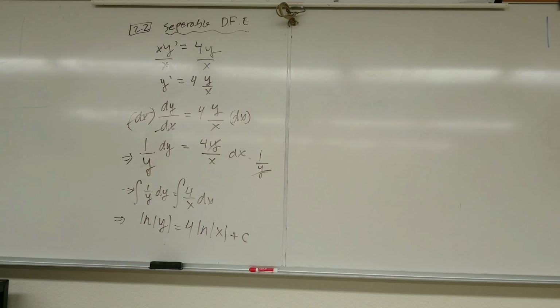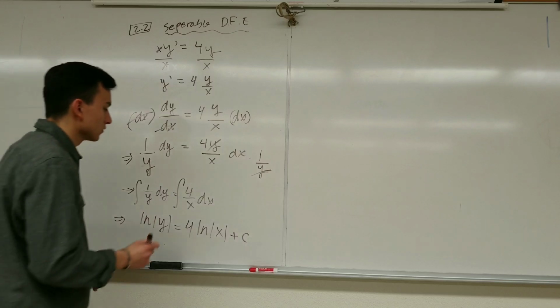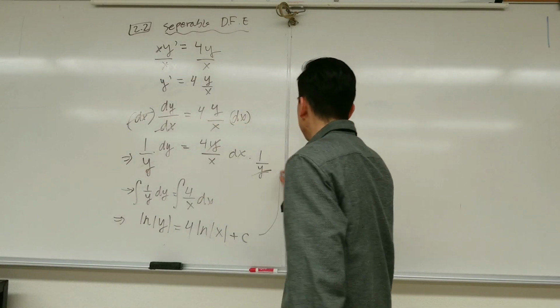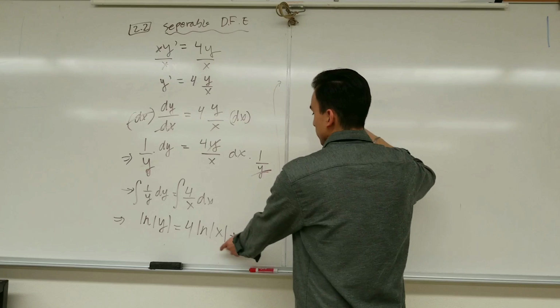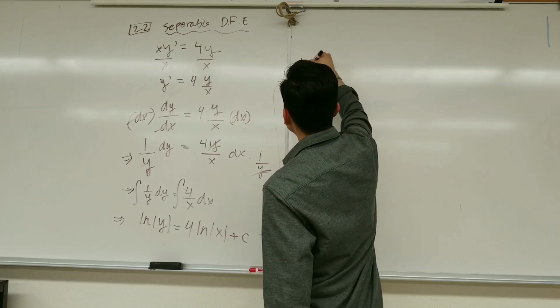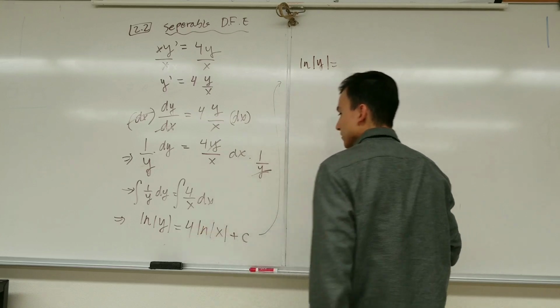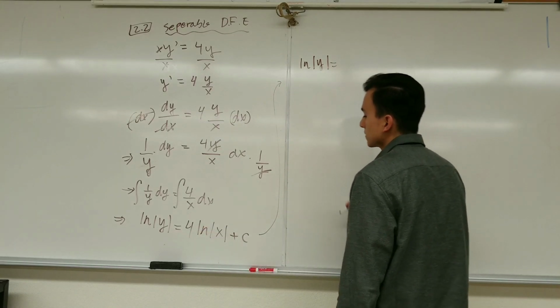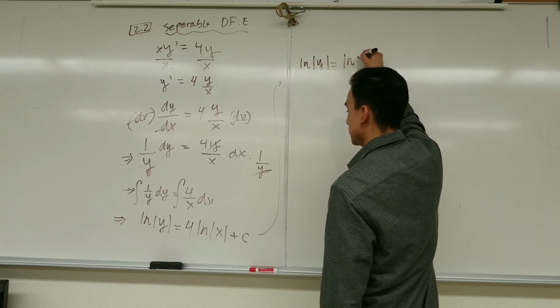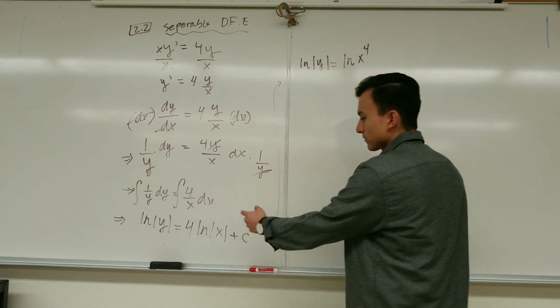And now, according to our log rules, if we start from here, we have natural log of y is equal to this. This is going to become an exponent.